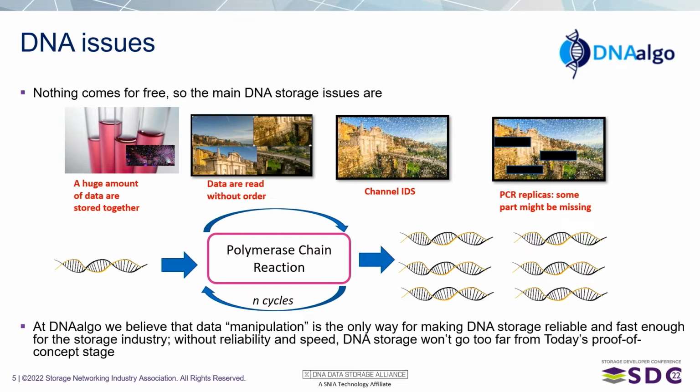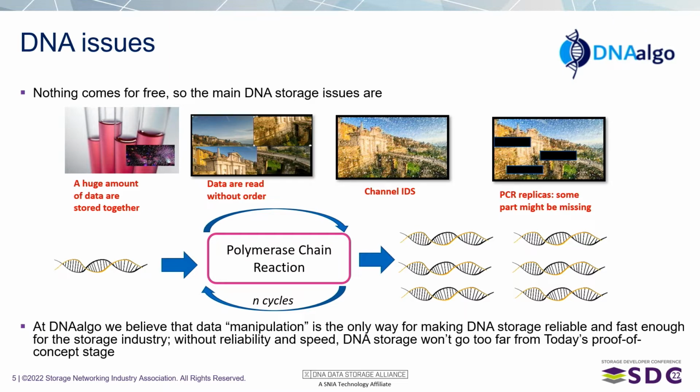So, as I mentioned, my talk is about an information point of view. What we think at DNAalgo is that in order to make DNA data storage a real project, we need some sort of data manipulation.